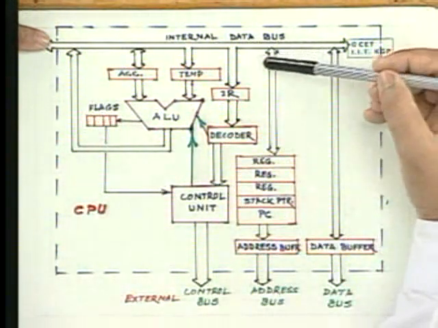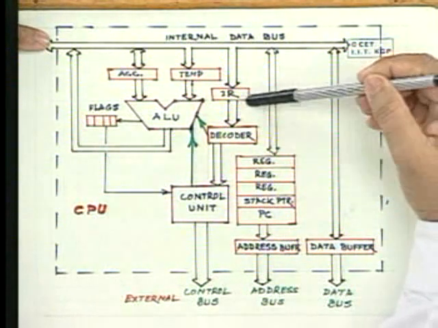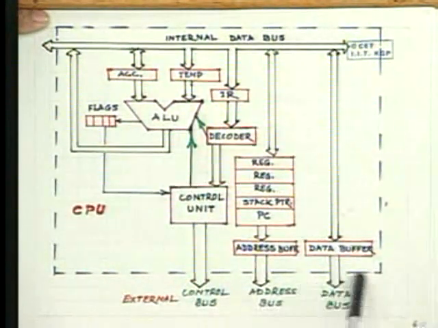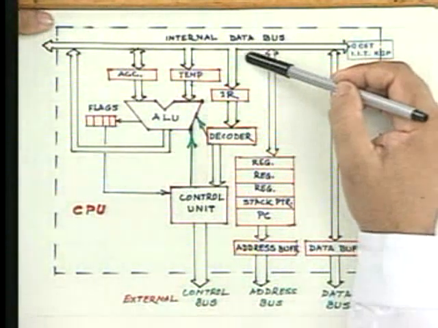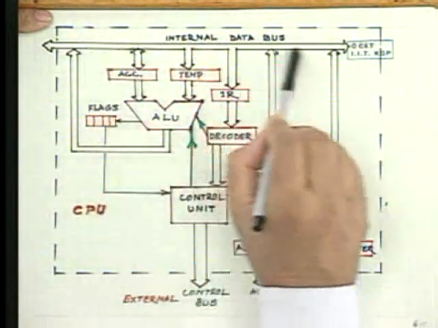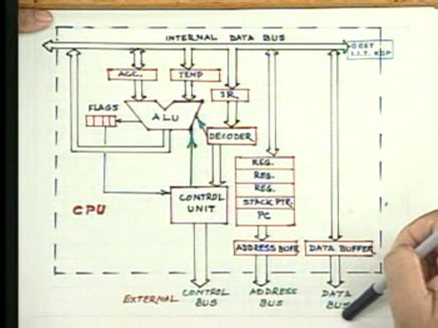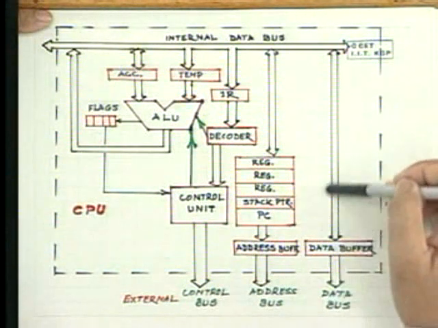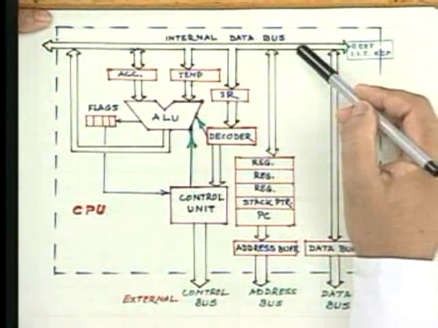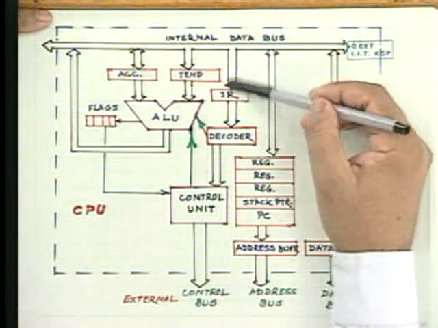Therefore, the contents of different registers within the central processing unit are generally passed through this internal data bus. So, for example, something coming from the memory through the data bus will be on that internal data bus, and from there it will go to the different destination registers.